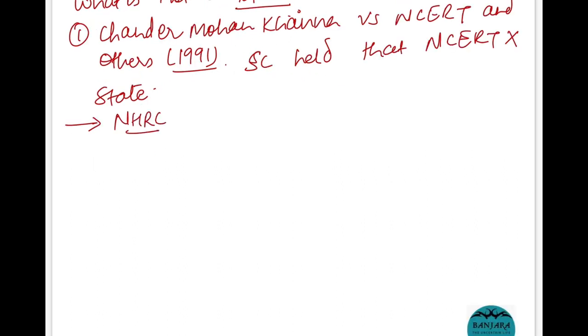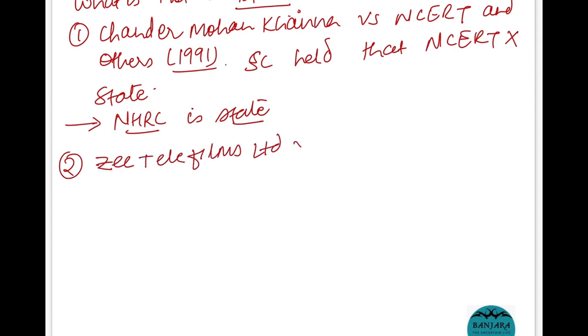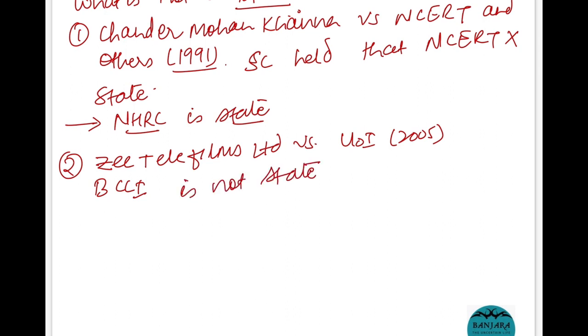The National Human Rights Commission is a state because its members are appointed by the government and it receives funding from the government. In Zee Telefilms Limited versus Union of India, 2005 case, the Supreme Court held that BCCI is not a state under the ambit of Article 12.